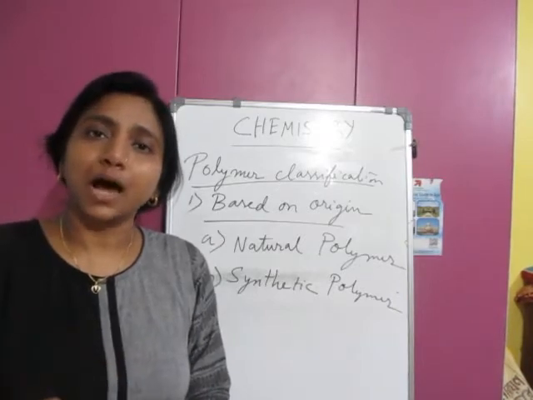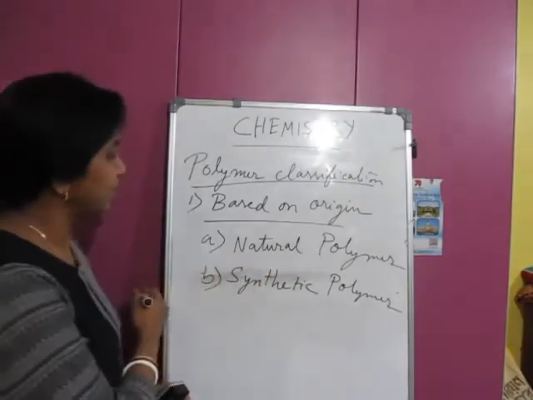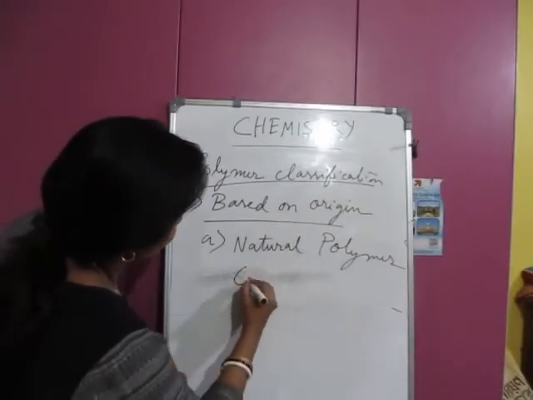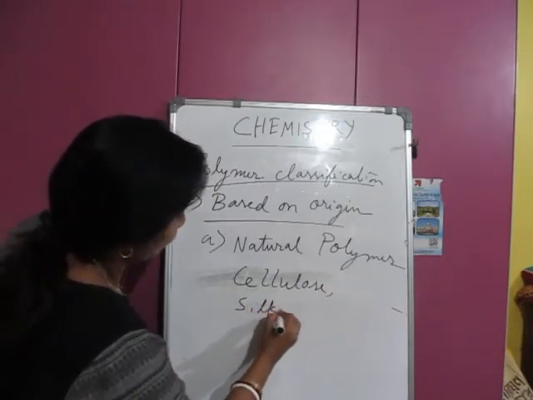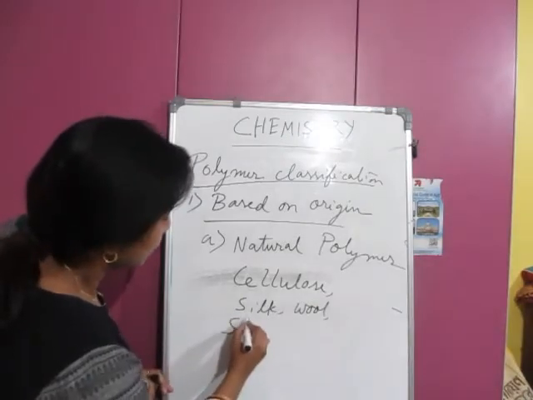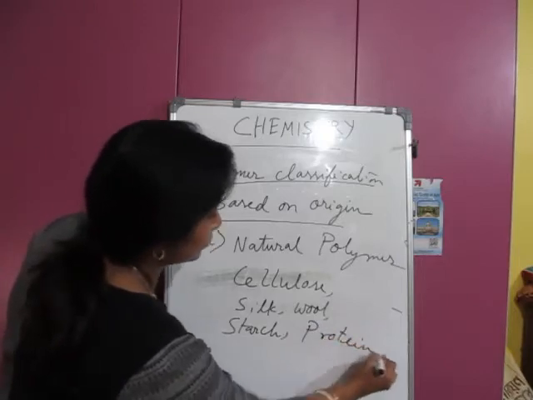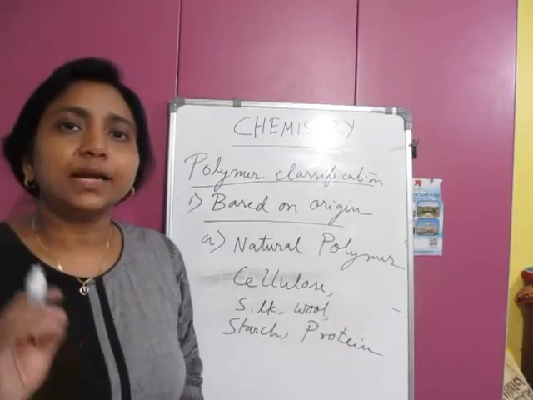So all these are natural polymers. For example of natural polymers you got cellulose, silk, wool, starch, etc.